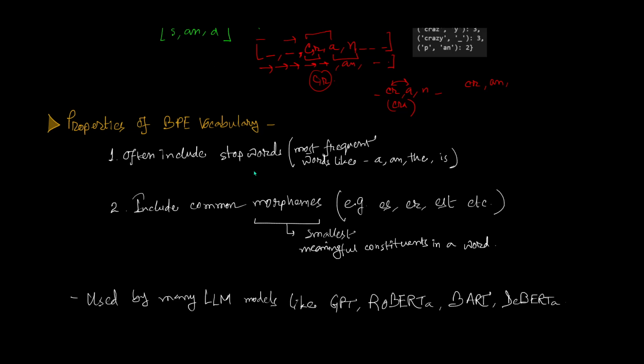Stop words are basically the most frequent words like articles or verbs, such as a, in, the, is. These don't hold much information about the text, but they are very frequently occurring words.